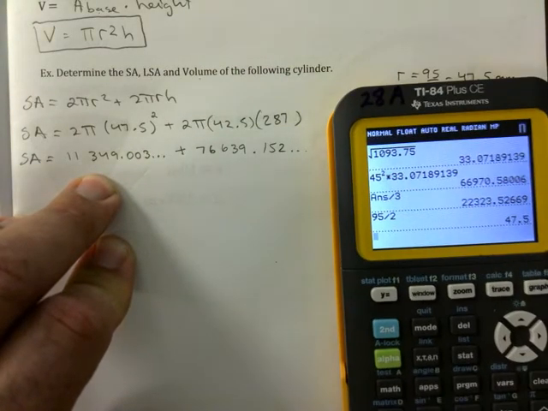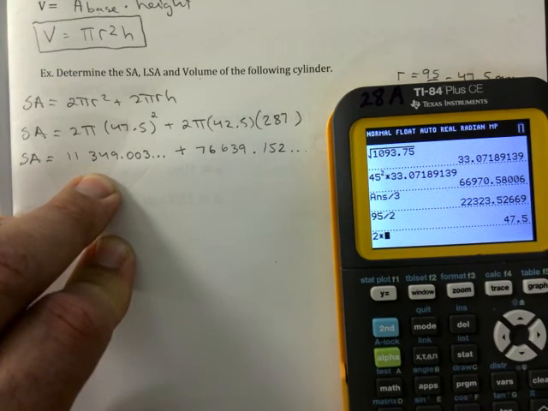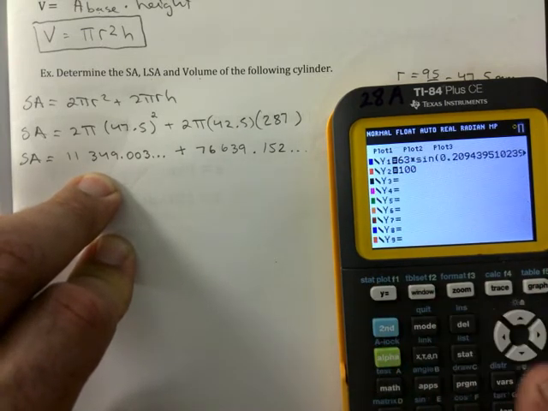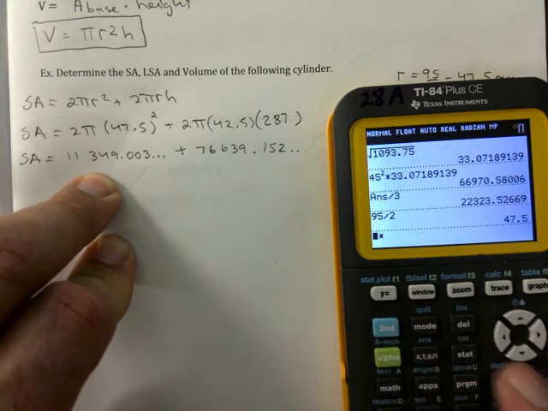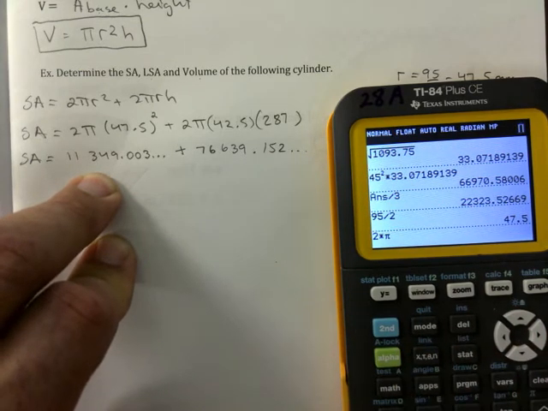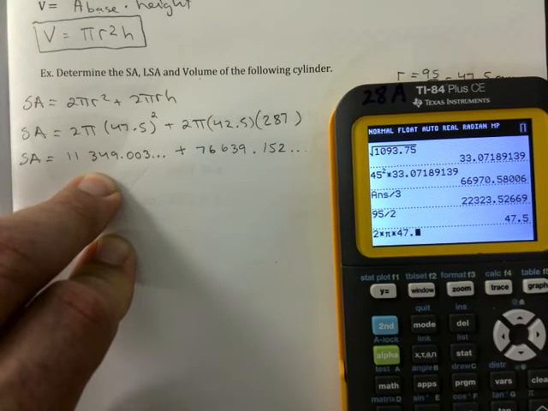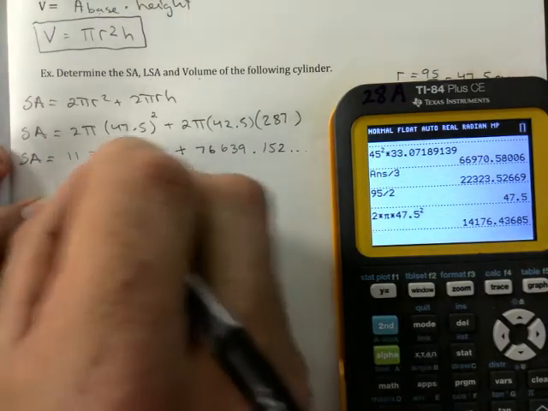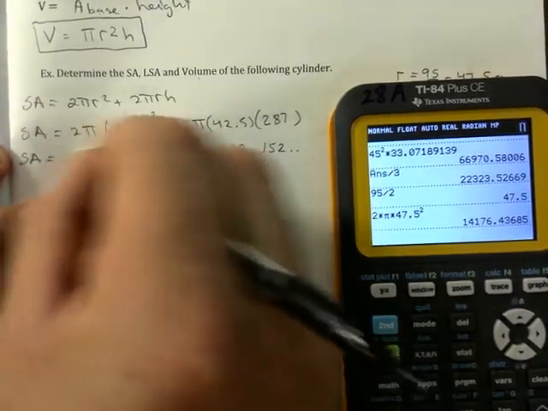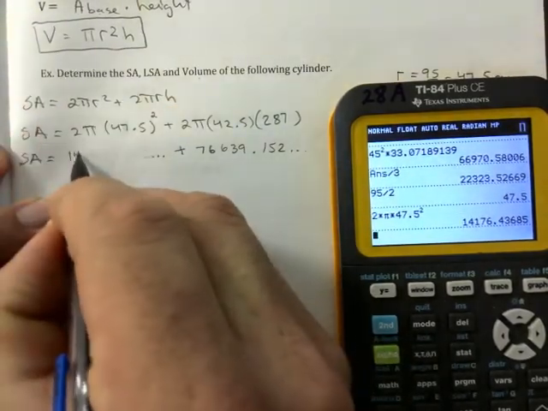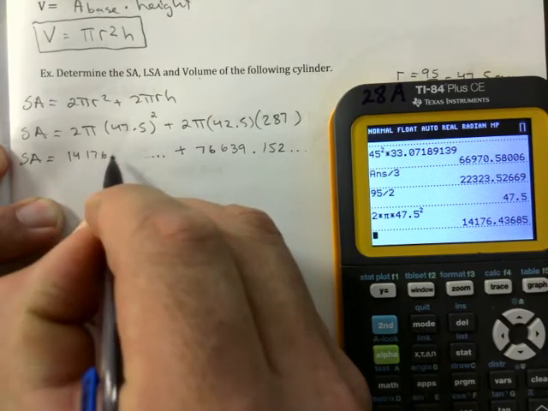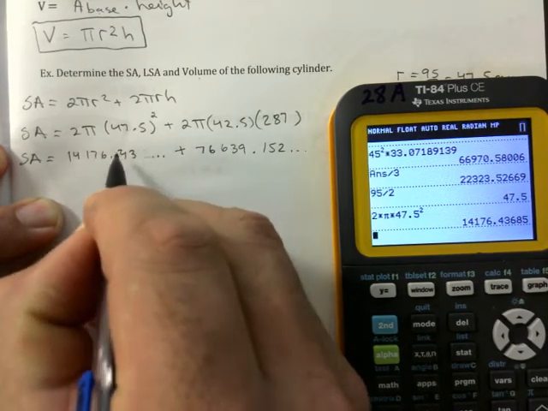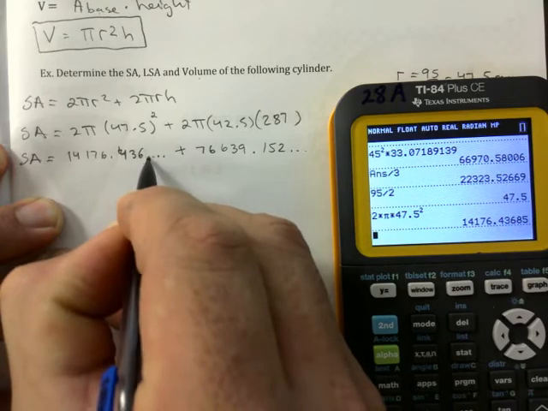Yep, hold on. 2 times pi. No, what did I do there? 2 times pi times 47.5 squared. That's 14,000. Sorry, guys. Four, 3, 6.